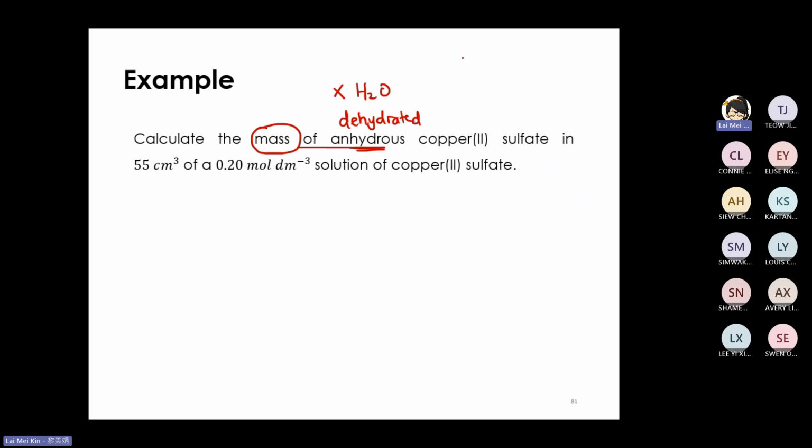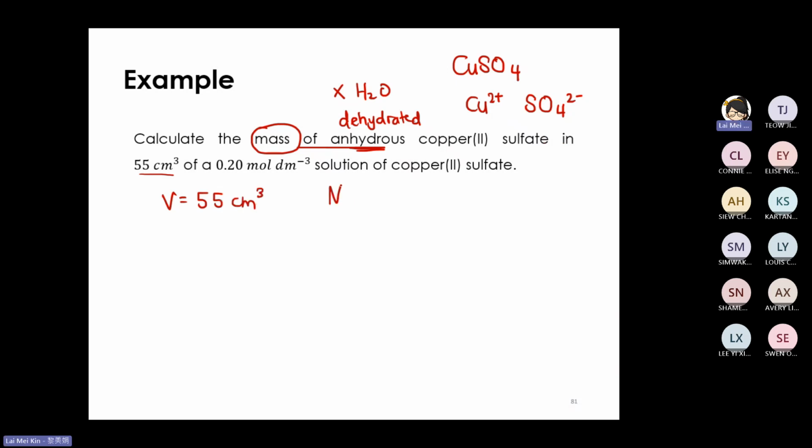What is the formula of copper 2 sulfate? CuSO4, because copper is 2 positive, sulfate SO4 2 minus, so when you cross charge, CuSO4. Copper 2 sulfate, I have a volume of 55 centimeter cube.